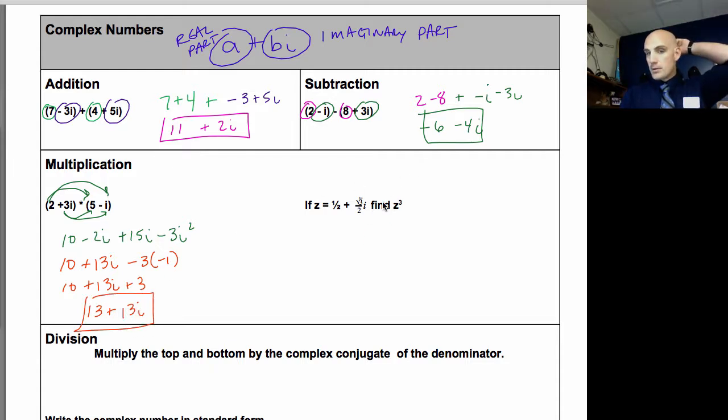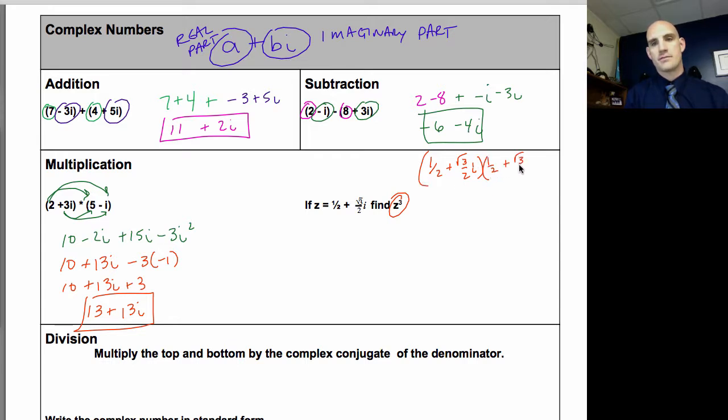In this next example, we need to cube z, where z is this pretty complex number. If you get confused, remember that to cube something means to use it as a factor 3 times.